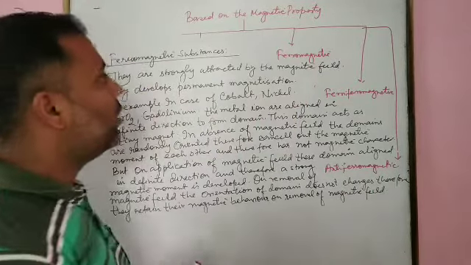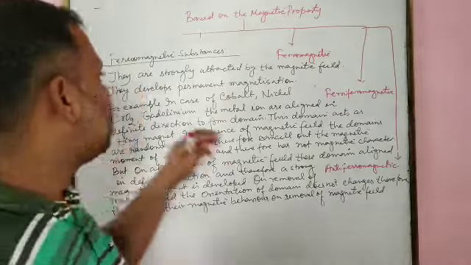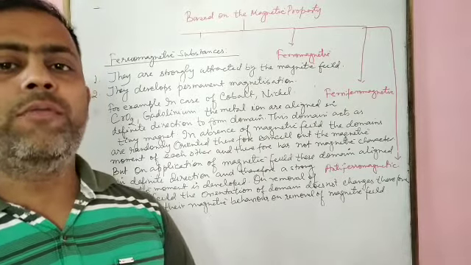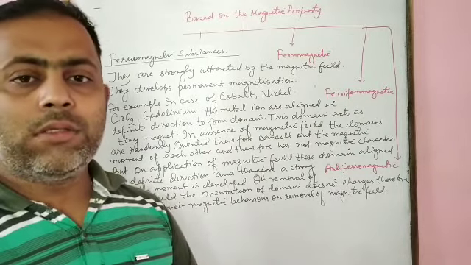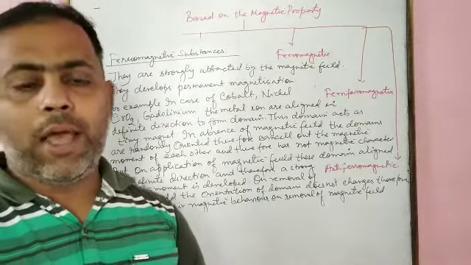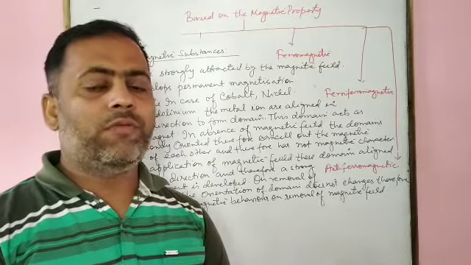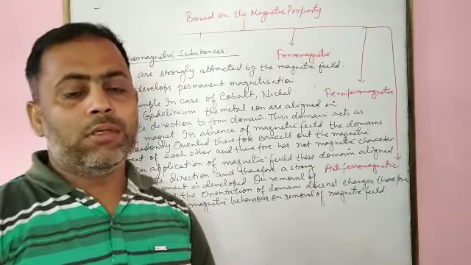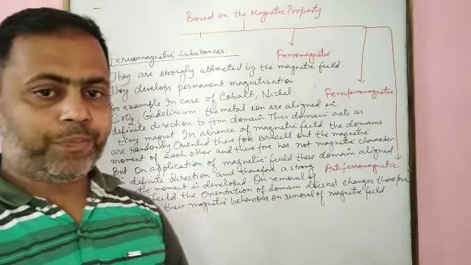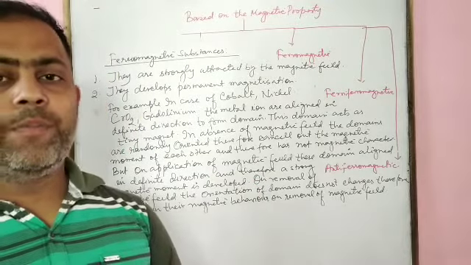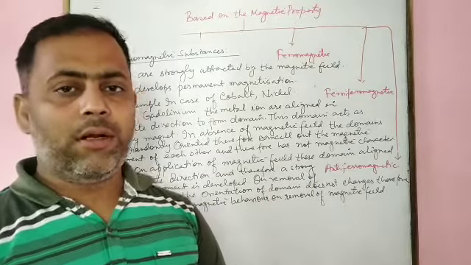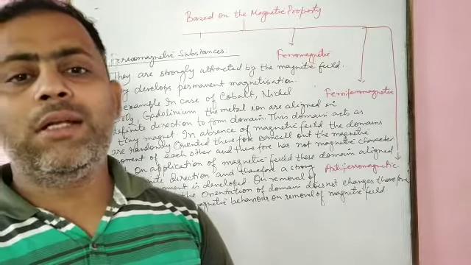What we know, in case of ferromagnetic substances, they are strongly attracted by the magnetic field because they are magnetized in the same direction as the magnetic field. Why are they strongly magnetized? Because the metal contains metal ions aligned in different directions to form domains. A domain constitutes various metal ions and behaves as a tiny magnet. In the absence of magnetic field, these domains are randomly oriented, therefore they cancel the magnetic moment of each other and have no magnetic property.